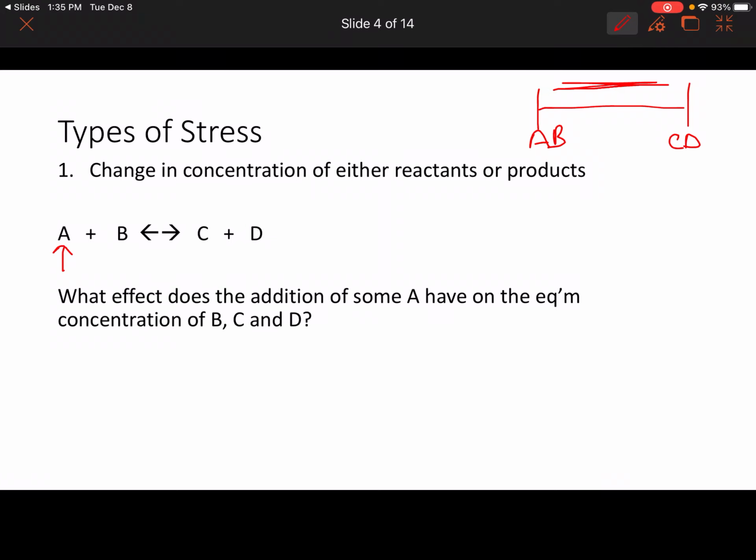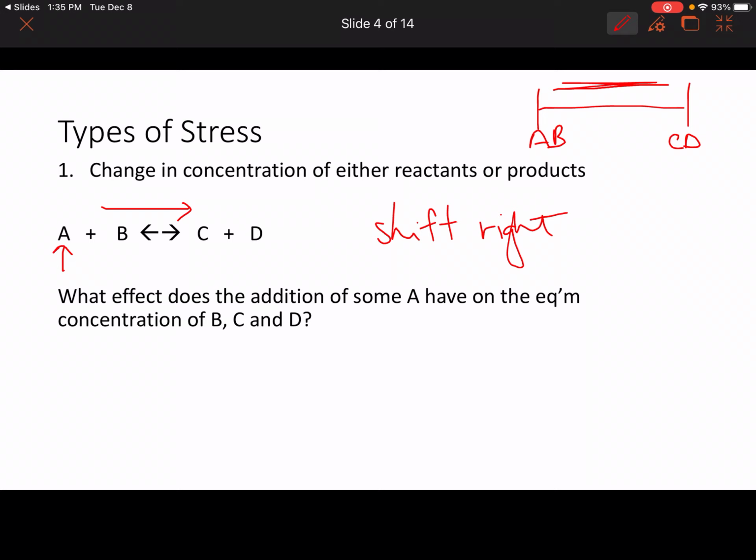Those two are reacting together, so if I increase one of those, I'm increasing the possibility of those two things reacting. If it's more likely that A and B are going to react, you are going to drive equilibrium to the right. So it's going to shift to the right, and this will relieve the stress of extra A.